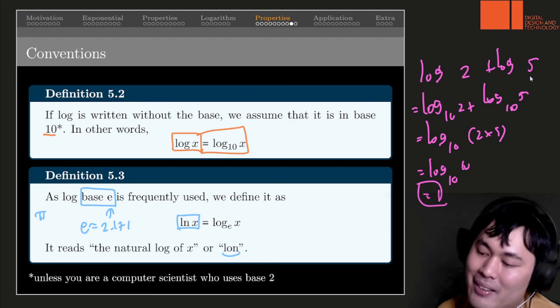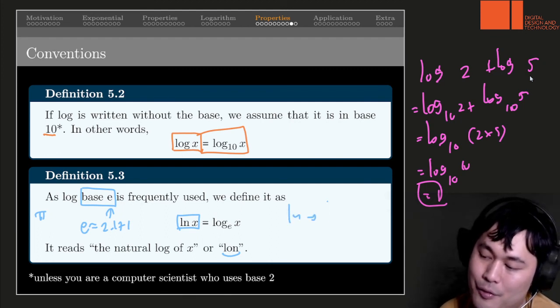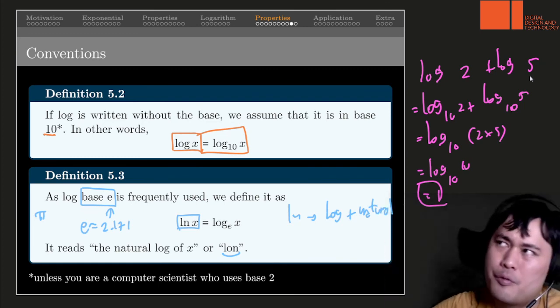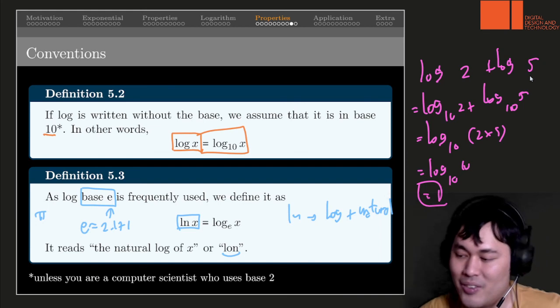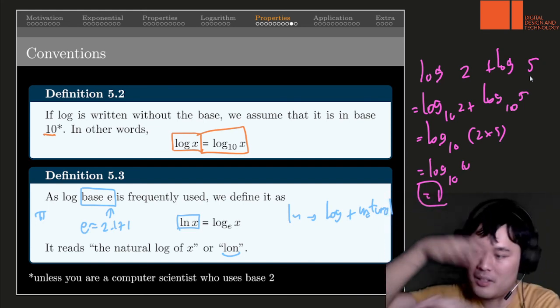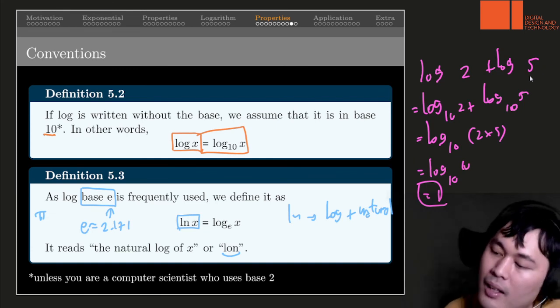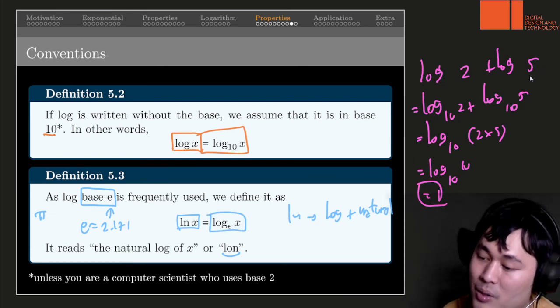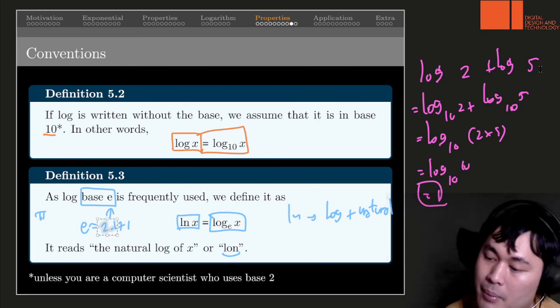But ln actually stands for log, with the word natural. I think it was from French, so they put the word log before natural. But anyway, it's ln, and this equals log base E, the base of this special number.